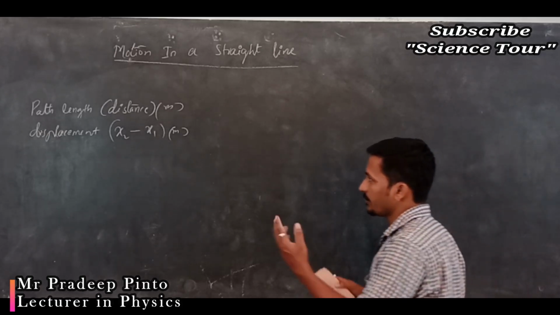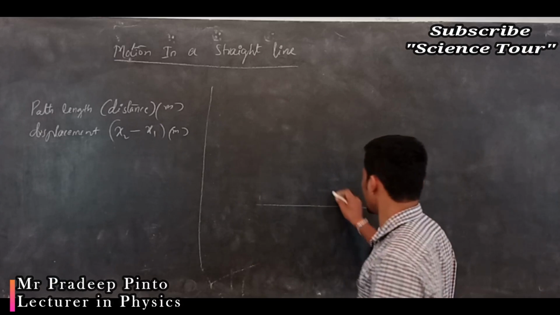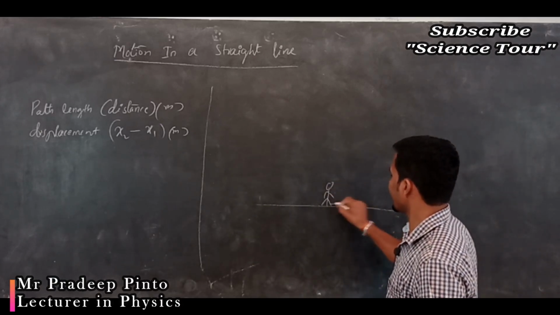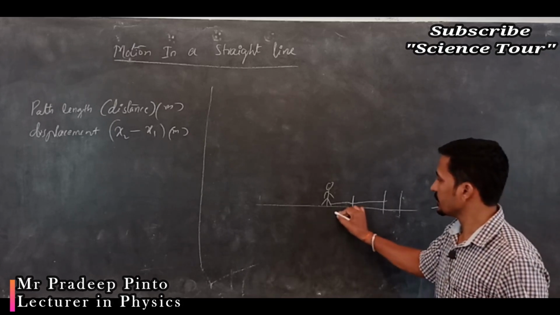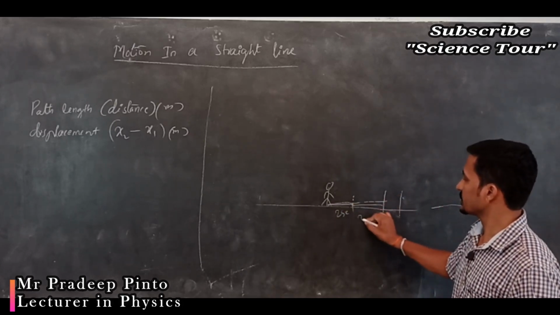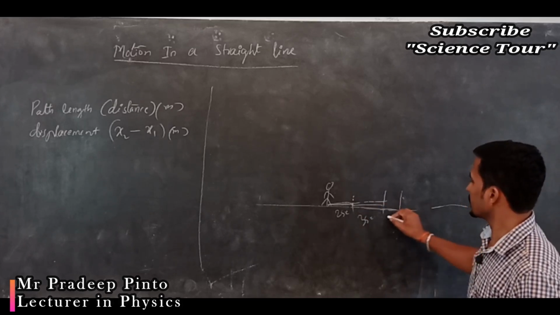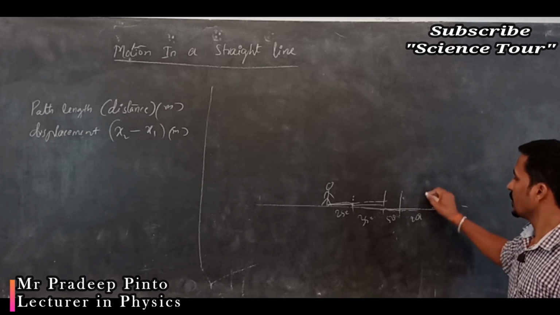Now based on this, see, that person goes from here to here. Here he will take 2 seconds to cover the same distance, here 3 seconds, here 5 seconds, and here he will take 20 seconds for the same distance.